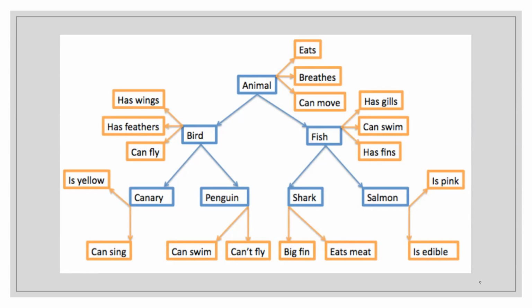When you hear that word, right, something like bird, do you picture a canary or a penguin or something totally different? What mental image comes to your mind when you hear the word bird, right? And what characteristics do you associate with bird? If I probably said, hey, do birds fly? You would say, yes, birds fly. You have that characteristic of fly connected in your brain to the word bird.